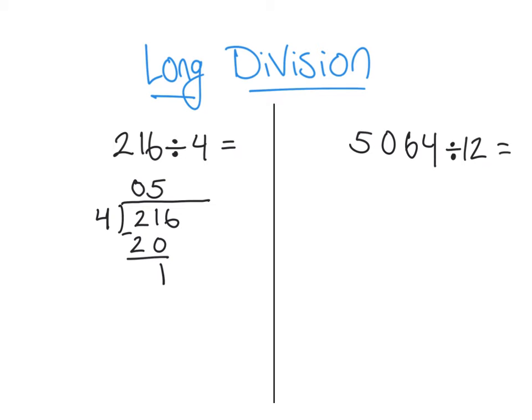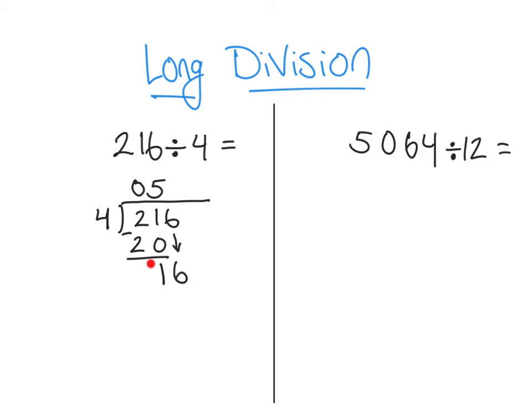Okay, so now I have this 1 down here, but I'm not done with the problem because I still have some numbers in my dividend to work with. So the very next step is to bring down this 6 into what was left over when I subtracted 21 minus 20.